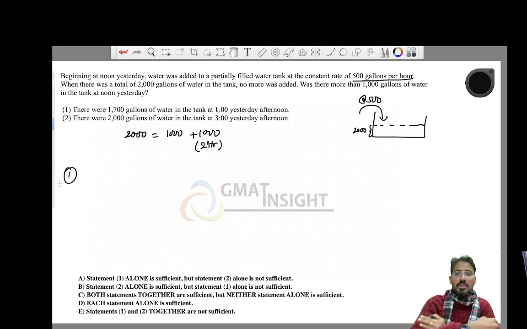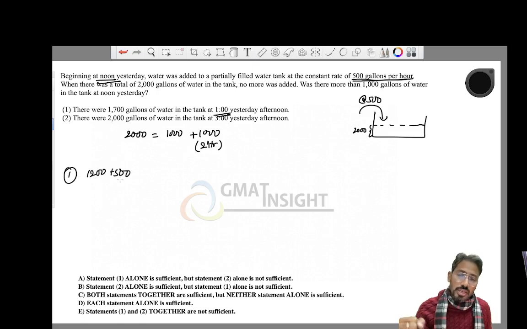The first statement says that there was 1700 gallons of water in the tank at 1 o'clock yesterday afternoon, which simply means that because it started at noon and by 1 o'clock there was 1700, it could have added only 500 gallons in an hour. That means 1200 was already present.